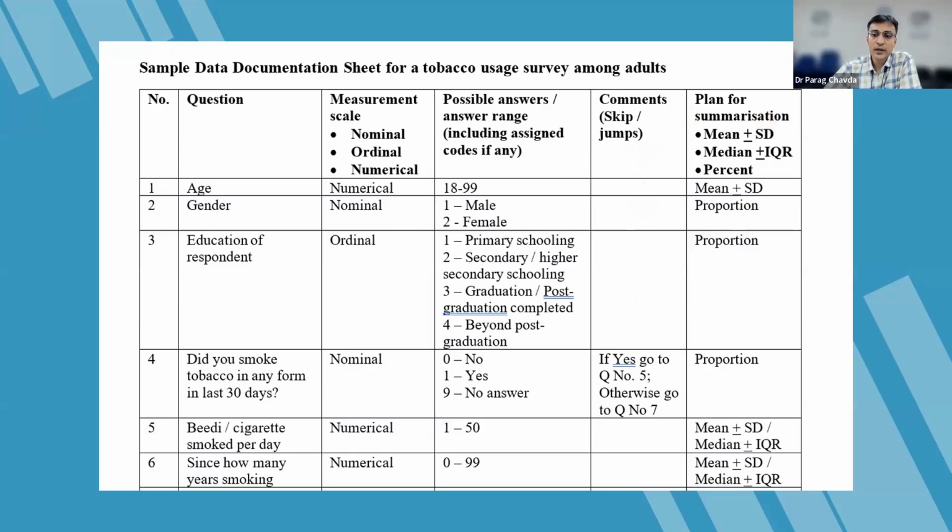Okay. So one more reason. It looks like it's too much work because your data collection form might have many questions, right? So whatever columns of this code book that you can fill up, you can. For example, at present, if you just write the serial number, question, measurement scale, and possible answers, even that would be good enough, right?